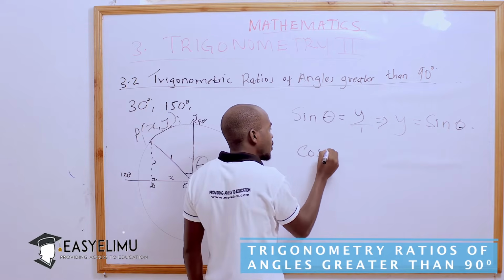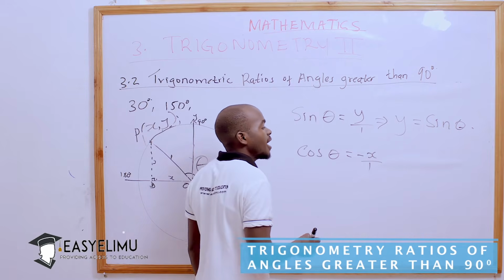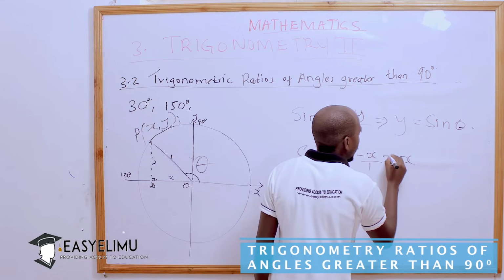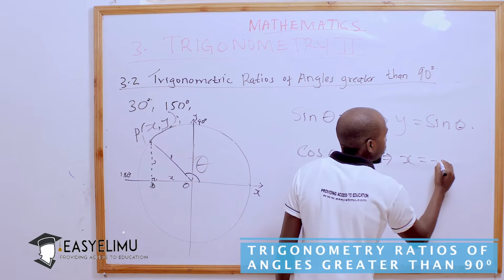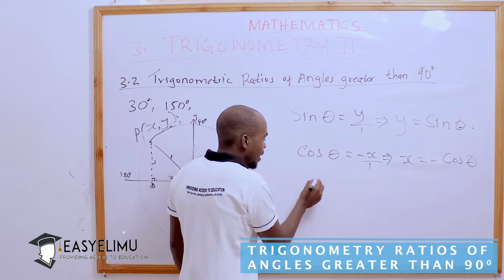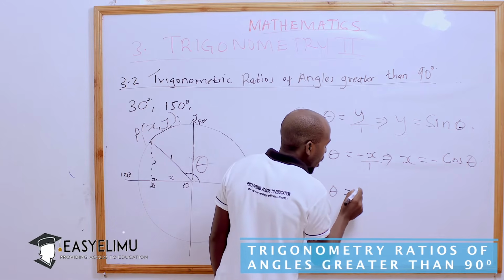If you find cos of that angle, you will find it as negative x over 1, and the value of x will give you negative cosine of that angle.